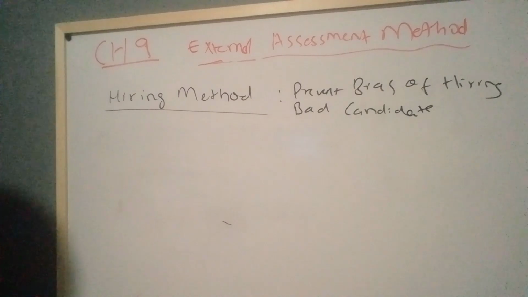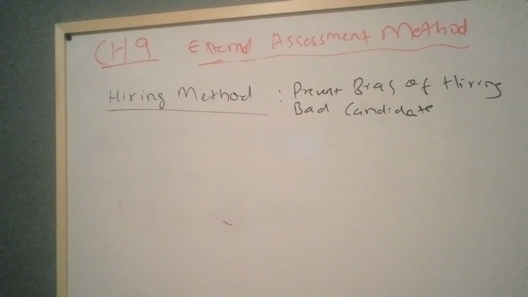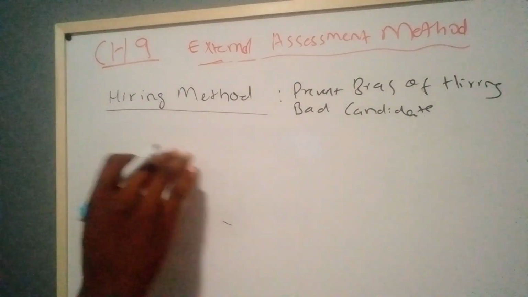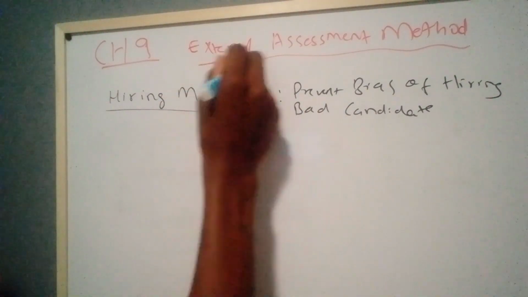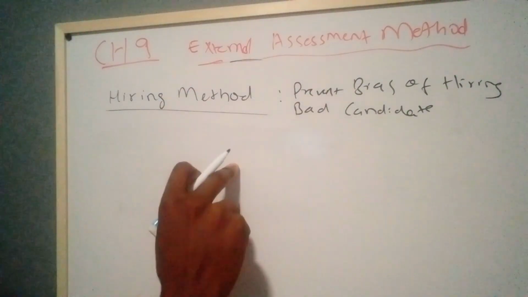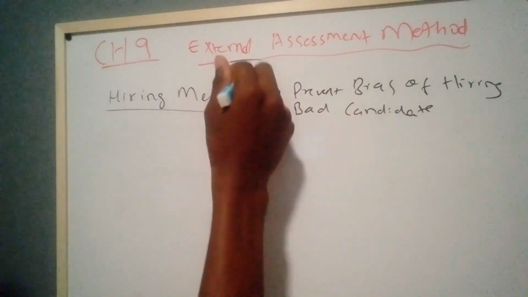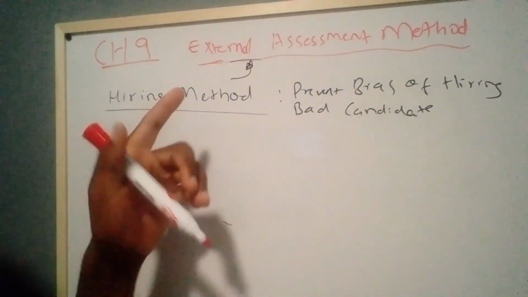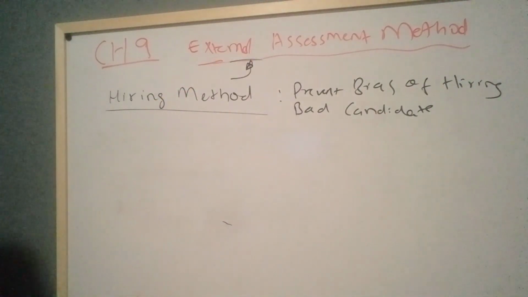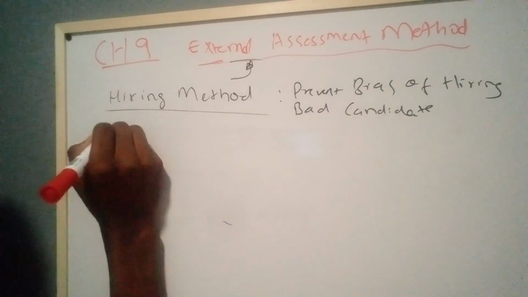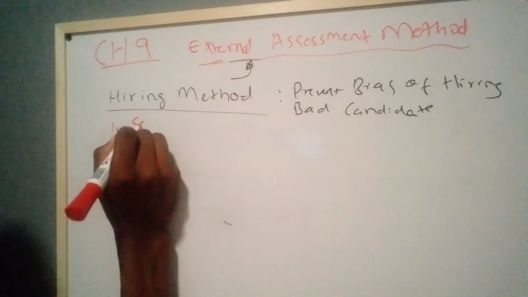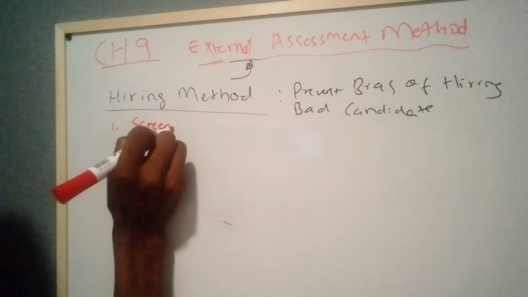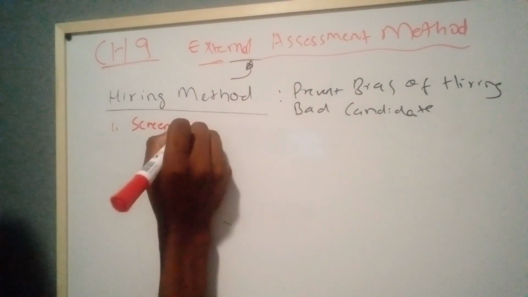In order to prevent hiring bad candidates, we must use different kinds of assessment externally. Remember, we have internal and external, but this is chapter 9 where we are going to focus on the external assessment methods. Right, so here we are going to look at our first method, which is the screening assessment.